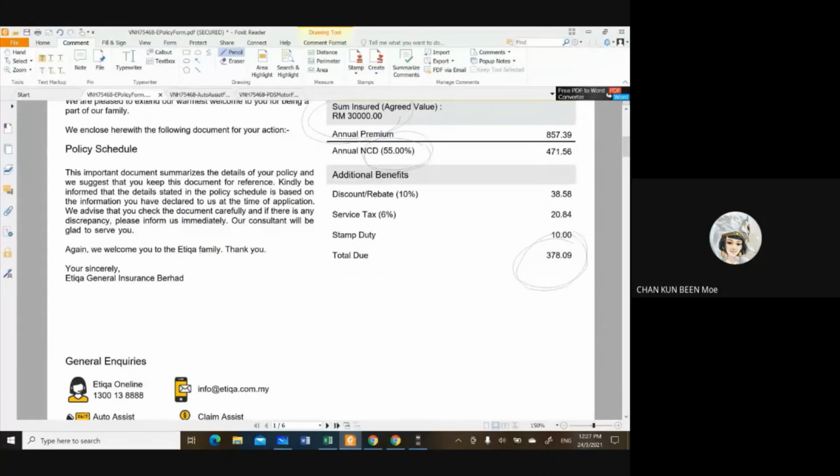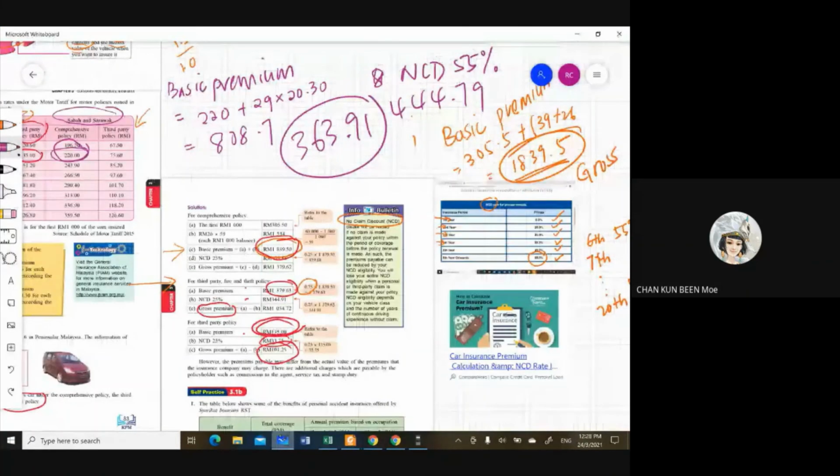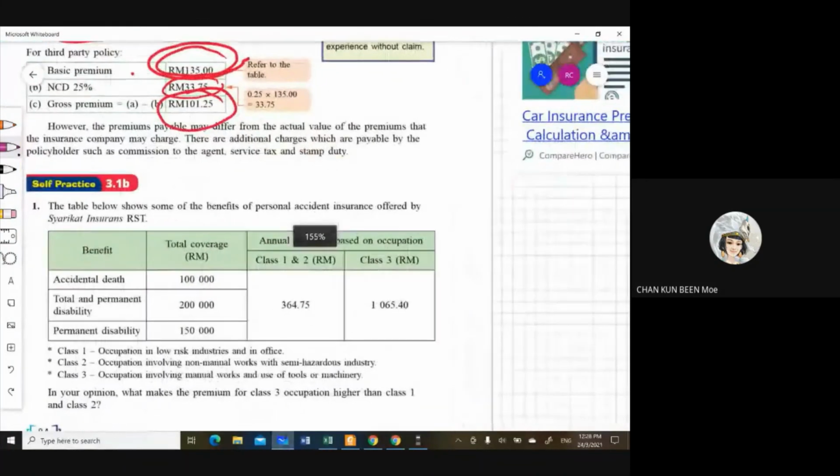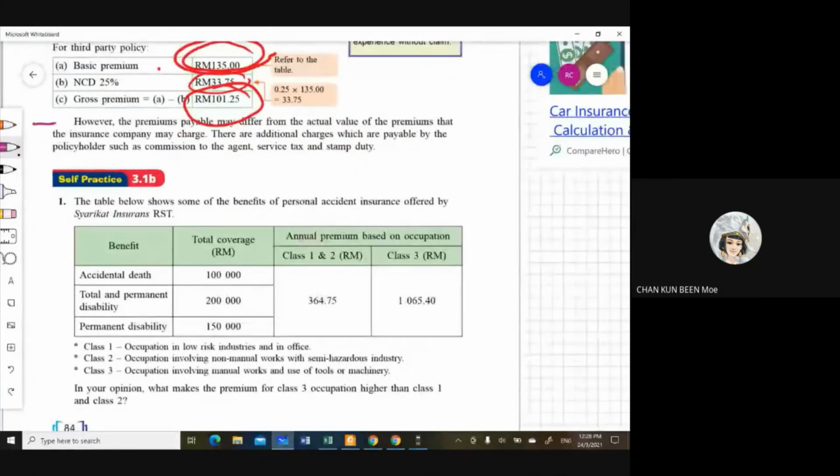The amount is different because there are additional charges that are not included. For example, if you buy your policy from another company, there will be other charges, that's why we have this down here. They give you information here: however, the premium payable may differ from the actual value of the premium that the insurance company may charge.